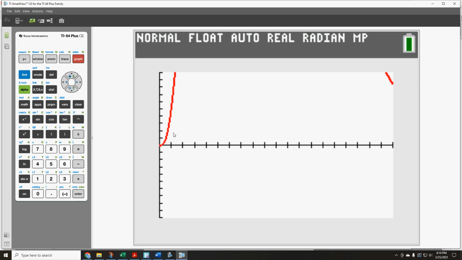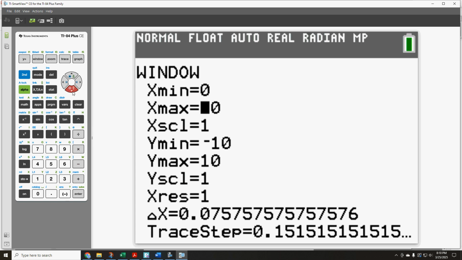And I can see now that this is going up here and it's way up here someplace, and then it's coming down. So I would see if I can figure out a y value that's up high enough where I'm going to be able to see the full graph. So I would go back to my window. I would make my y minimum 0 because I know that they're both positive velocity.